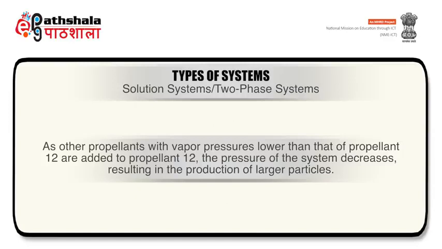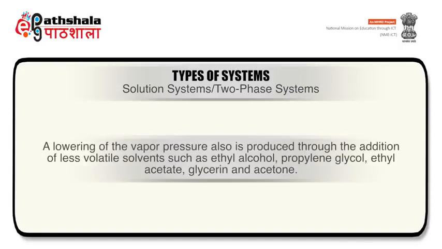As other propellants with vapor pressures lower than that of propellant 12 are added to propellant 12, the pressure of the system decreases. It results in production of larger particles. A lowering of the vapor pressure also is produced through the addition of less volatile solvents like ethanol, propylene glycol, ethyl acetate, glycerin and acetone.